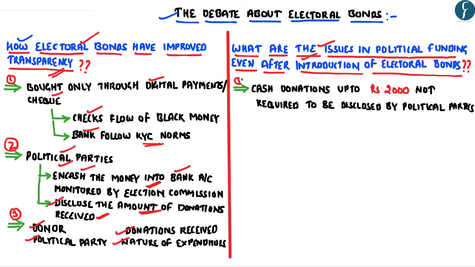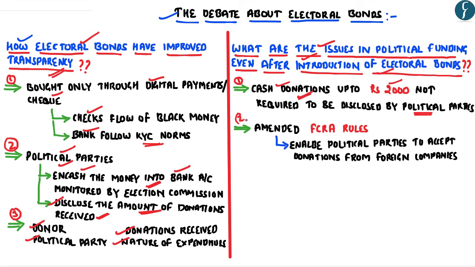Now coming to the first issue, it is to be noted that in spite of the existence of electoral bonds, individuals can make cash donations to the political parties up to Rs 2000. And these cash donations are not required to be disclosed by the political parties. Hence, it is being said that this particular provision of cash donations can still be misused by certain individuals.